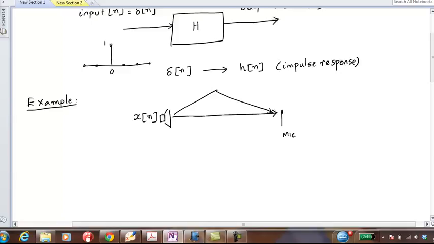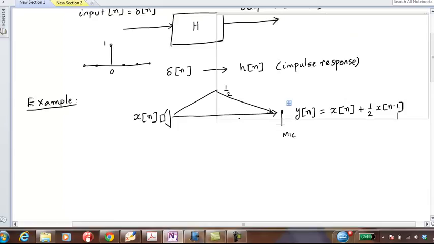So let us say that this path takes 1 unit of time more than the direct path, and it has an attenuation of a half. What that means is that the signal that your mic is actually going to pick up is not x of n, but it's actually x of n plus a half times x of n minus 1. So now we have a mathematical model for what's going on in the room.